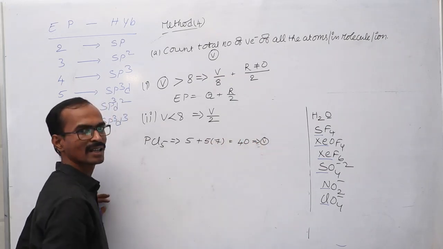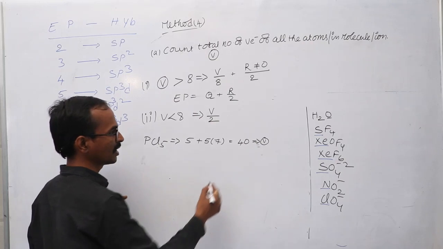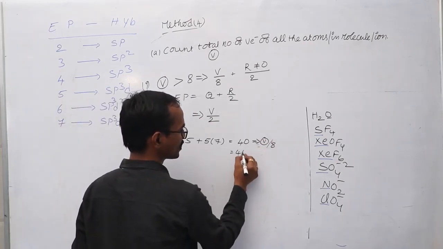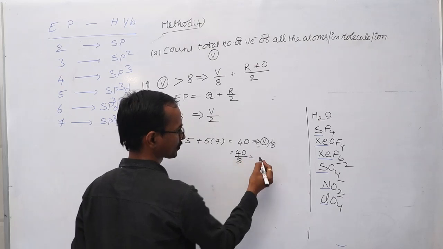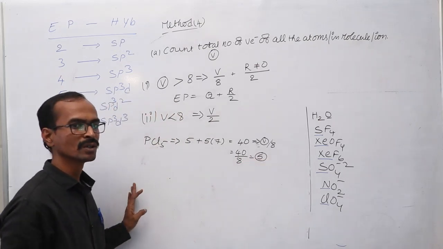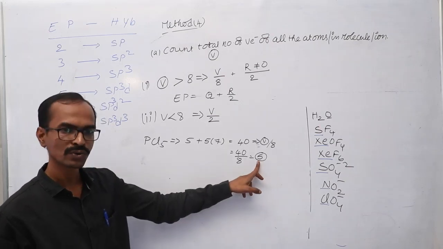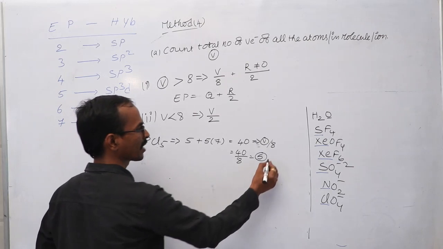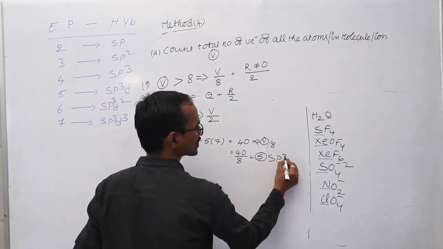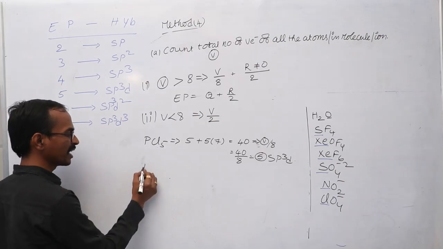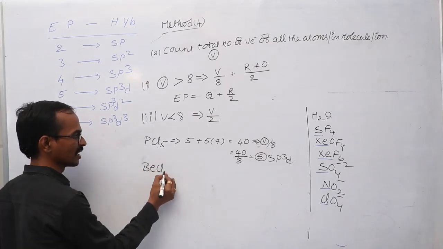It is greater than 8, no? Divide it with 8. 40 by 8 means 5. So the remainder is 0. So the quotient value is equal to the electron pair number. So the hybridization is sp3d hybridization.